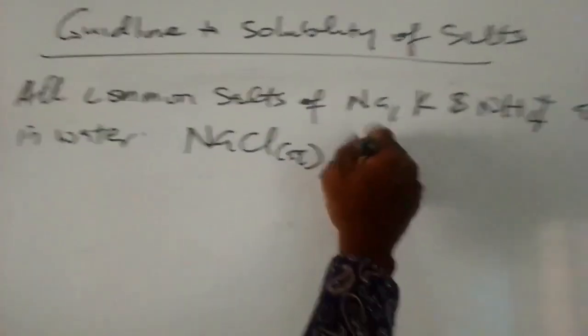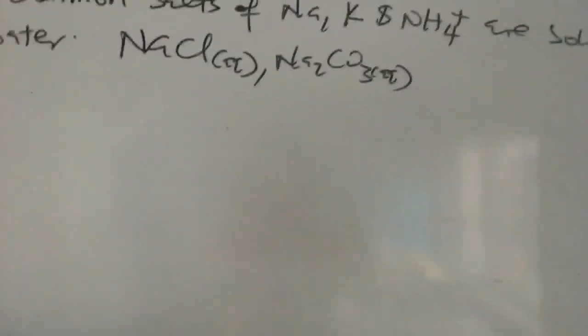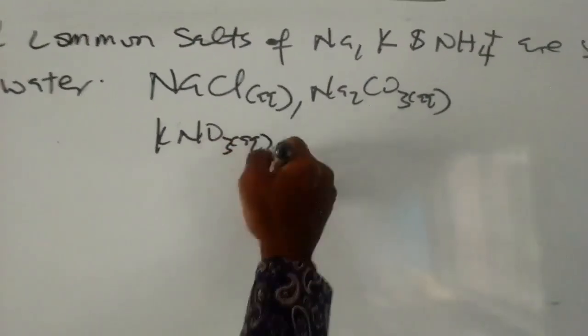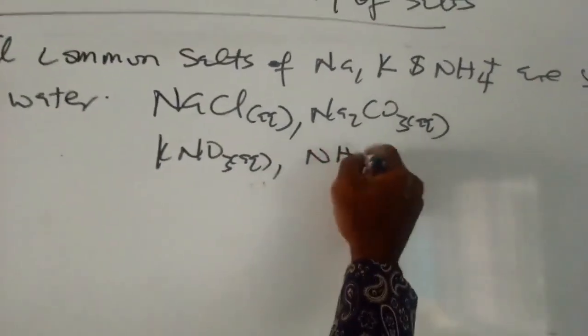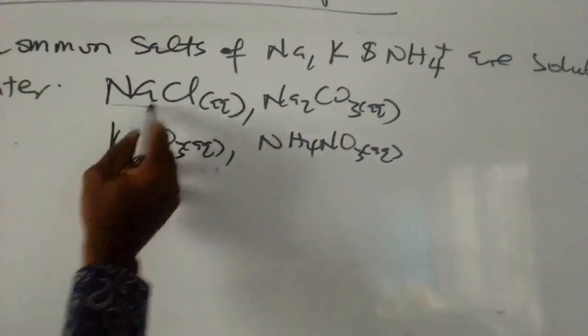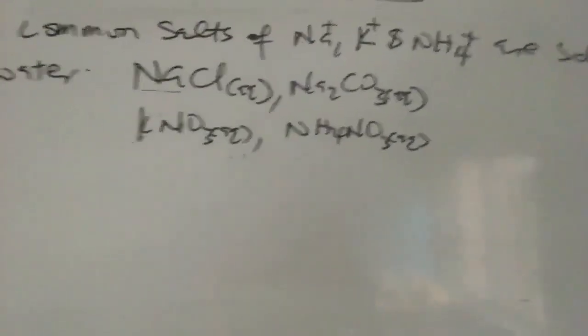Another example, sodium carbonate, we put aqueous. Potassium nitrate, we put aqueous. Ammonium salts, we put aqueous, because we can see the cation sodium, potassium, and ammonium present in these salts. We say they are soluble in water.